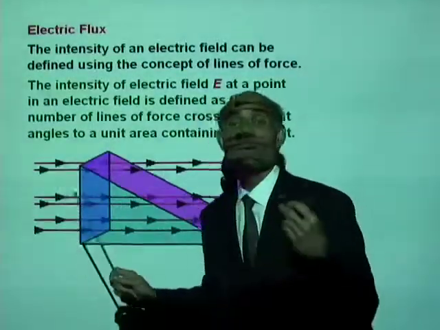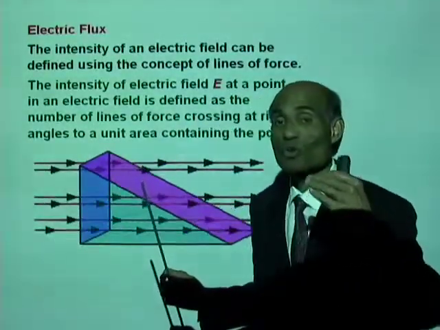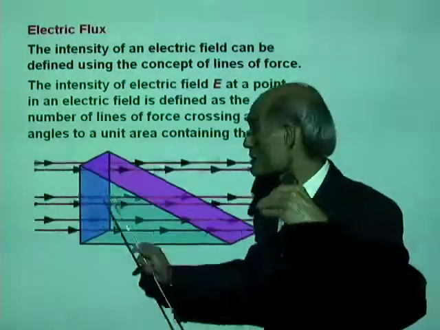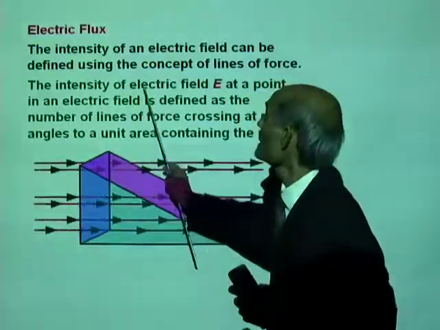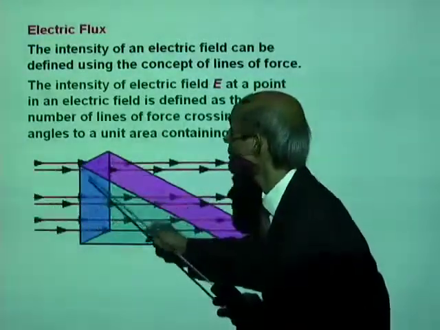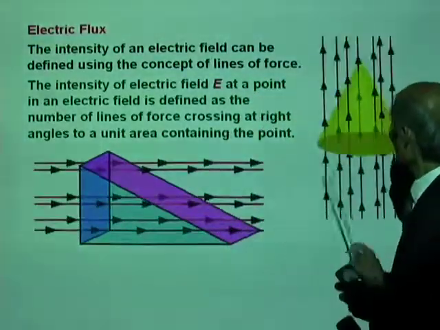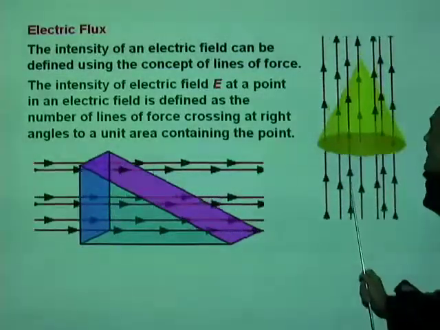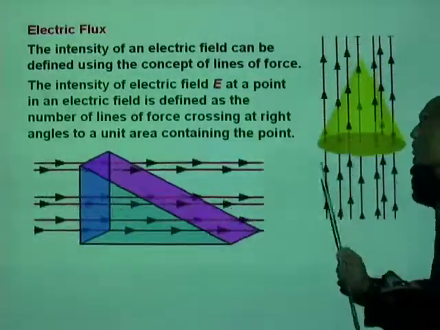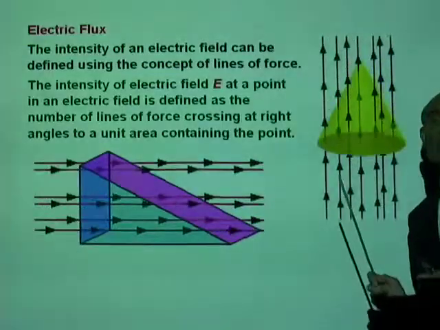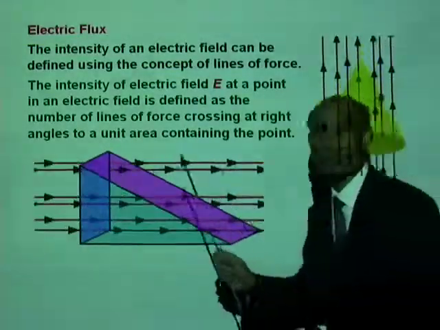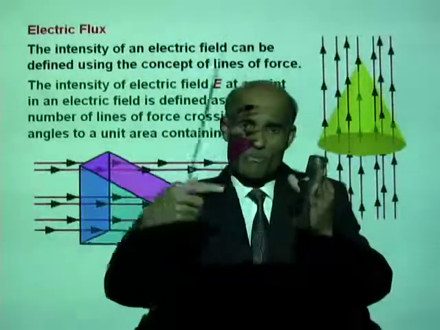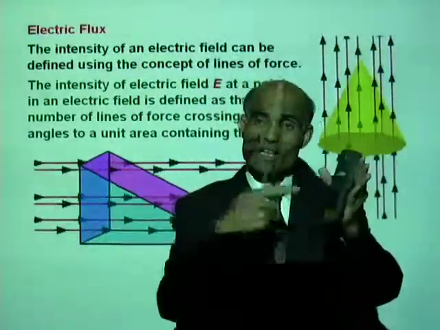In other words, the number of lines of force crossing at right angles to a unit area containing that point is a measure of the electric field at that point. And here is another illustration of electric field lines crossing a given area. Alright? I hope you got a concept of what it means, electric field lines crossing a given area.